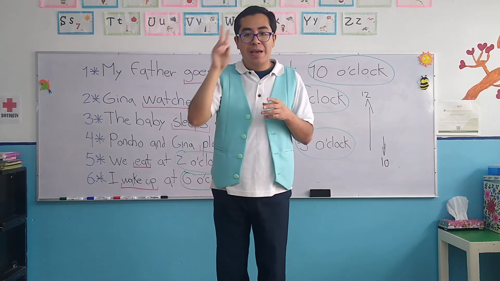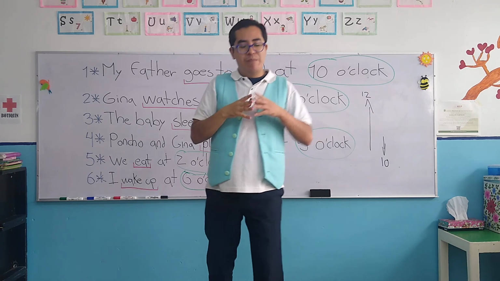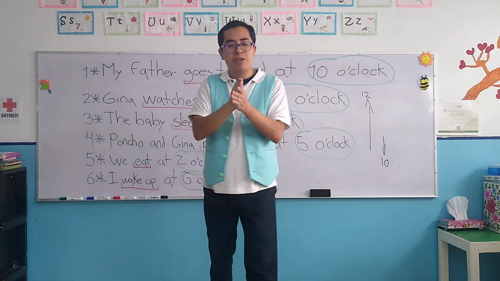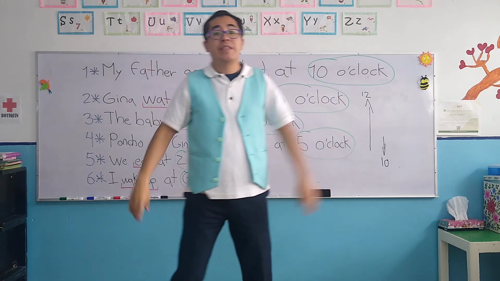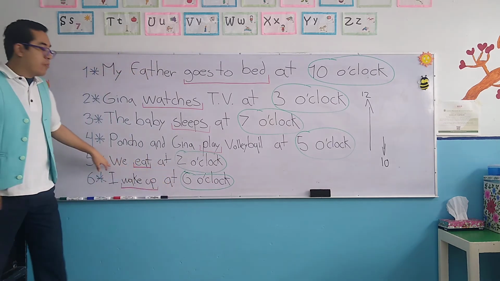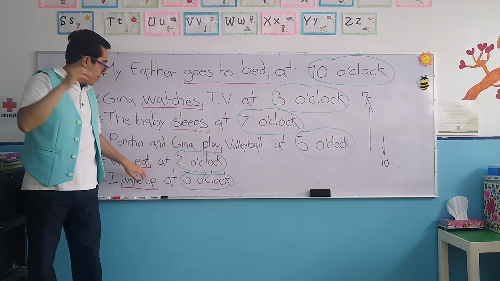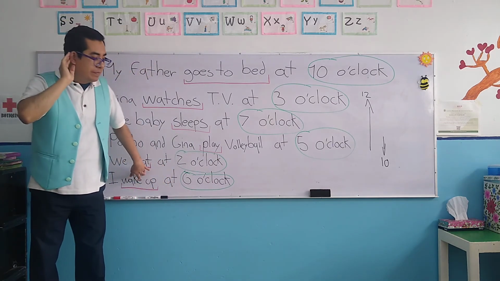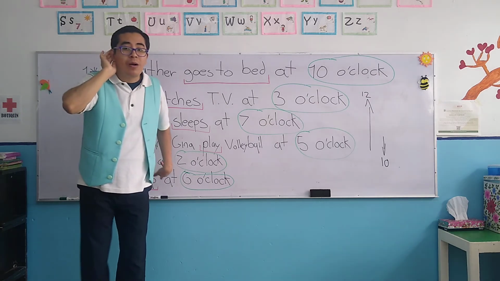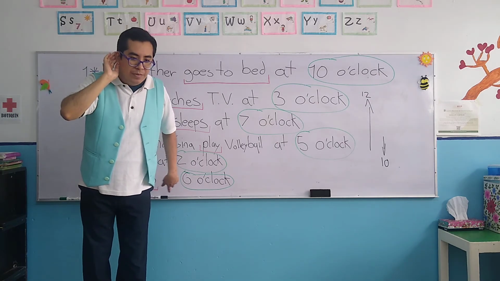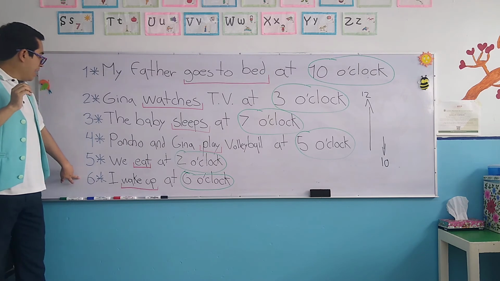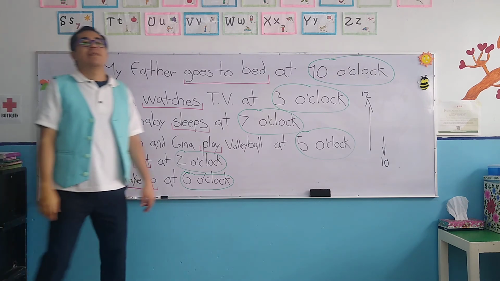Nosotros comemos a las 2. Okay? Please repeat after me, word by word, so we can put together the entire sentence. We eat at 2 o'clock. Okay? And the last one.